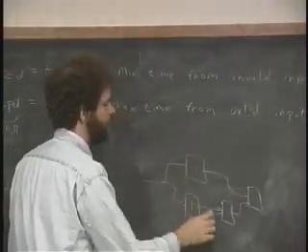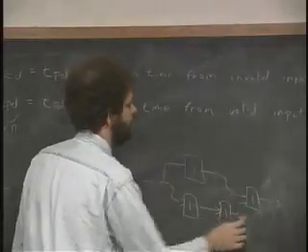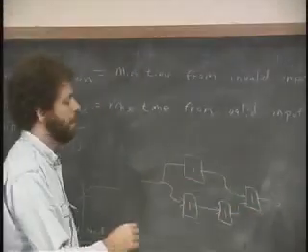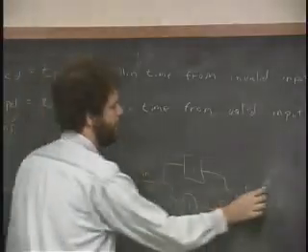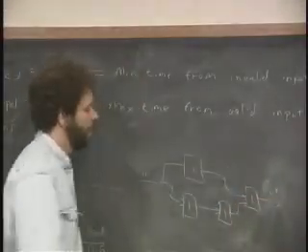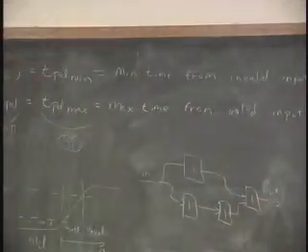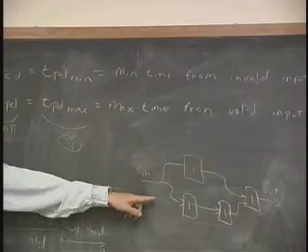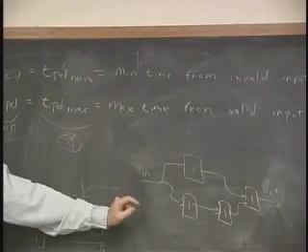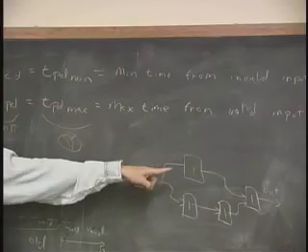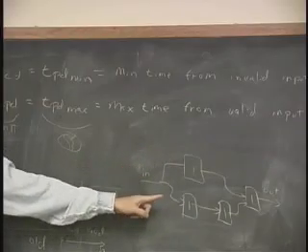Let's say I had a circuit that was made up of units whose time delay was all 1, okay? And here's the input, and here's the output. Oh, I'm sorry. Let's say I had a circuit which had two paths through it, one of which had a time delay of 1 and the other which had a time delay of 2.